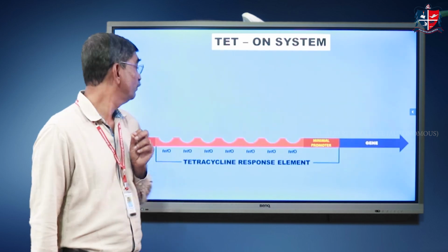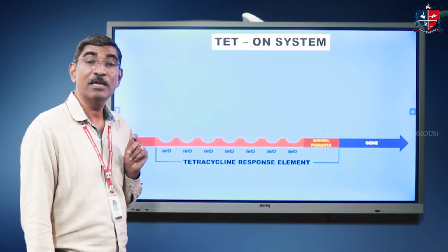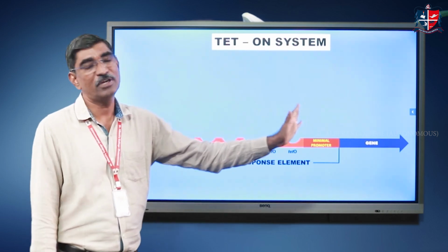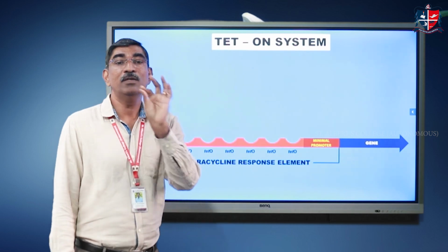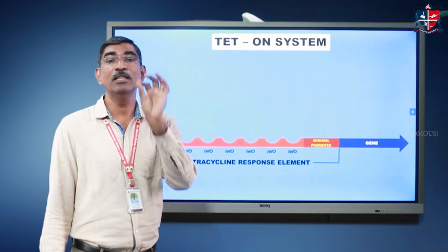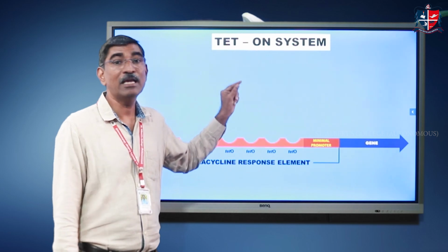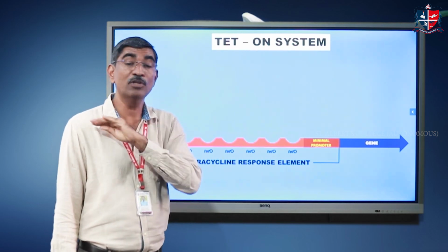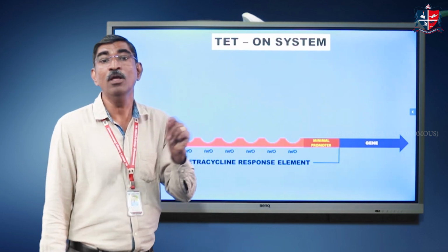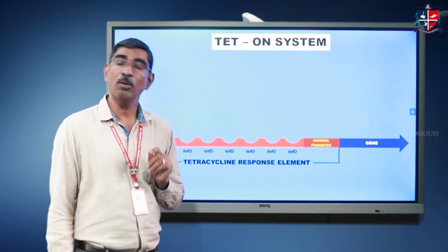Okay, let us see. Here you can have the tetracycline response element, then the minimal promoter, and the downstream gene. Here that fusion product, the tetracycline activator, is not the normal one. It is a mutated one. The normal tetracycline transactivator protein was able to bind with the tetracycline operator normally.